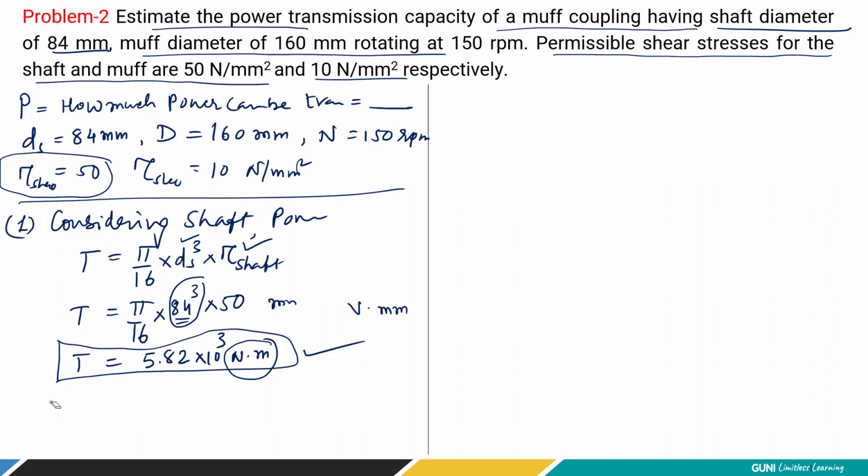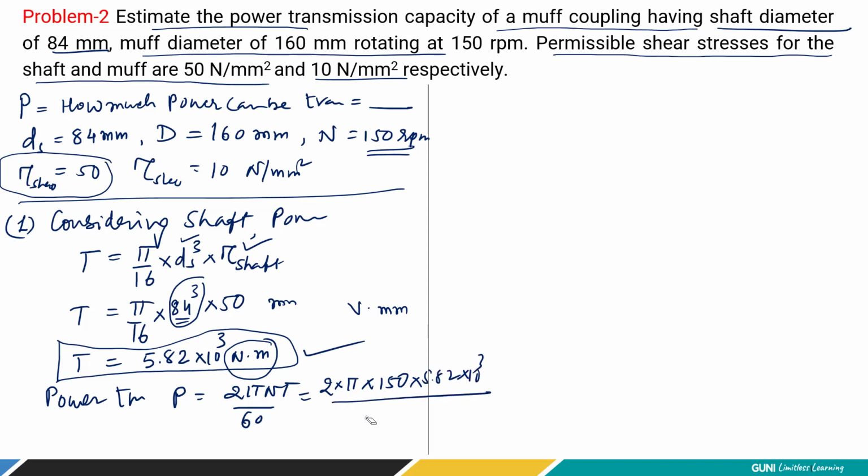So power transmitted, P, is given by 2 pi NT divided by 60. Let me put the value. RPM is given as 150. The whole assembly is rotating at 150 RPM and the torque is 5.82 × 10^3, divided by 60.